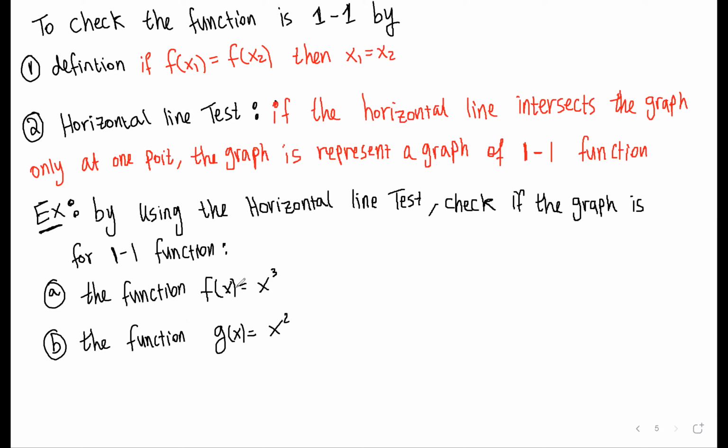So I have two functions. The first function f of x equals x cubed. The second function g of x equals x squared. The question is, check by using the horizontal line test, is this function 1-to-1 or is this one 1-to-1? So let me do the first one, then I give you the second one.